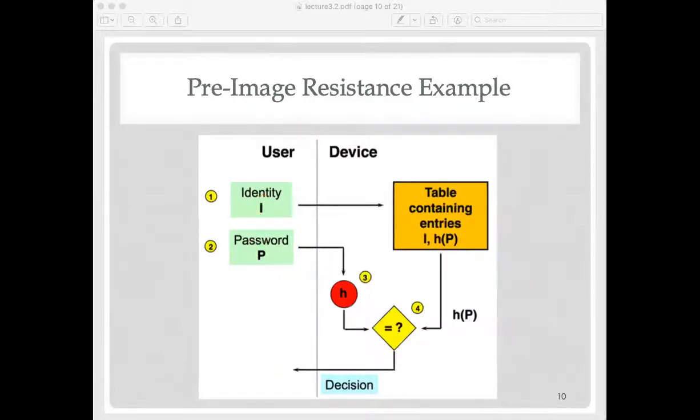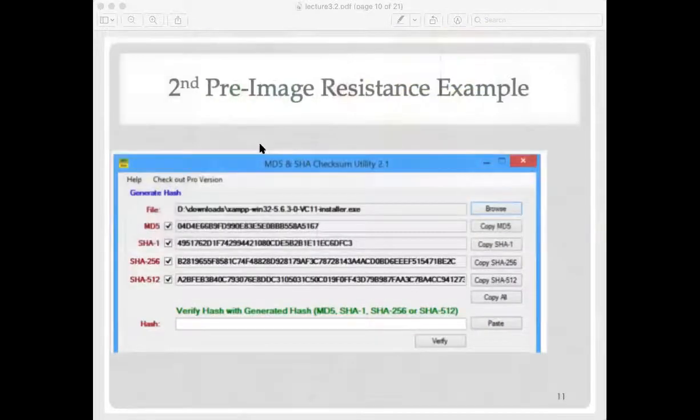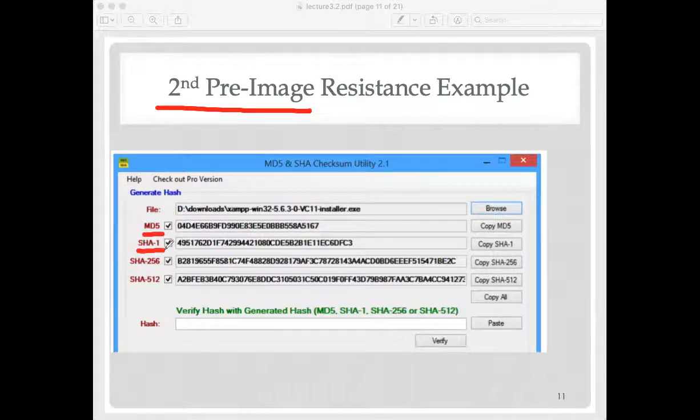you cannot reverse it. The second property is the second pre-image resistance, which we see in many cases is used in files. لما خاصة أنت لما you look at open source files, you go look, this is the file, and this is the مثلا MD5 of the file, or the SHA-1, or the SHA-256, or the SHA-512 of the file.